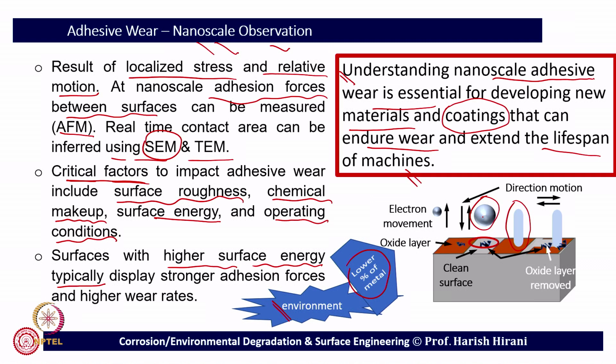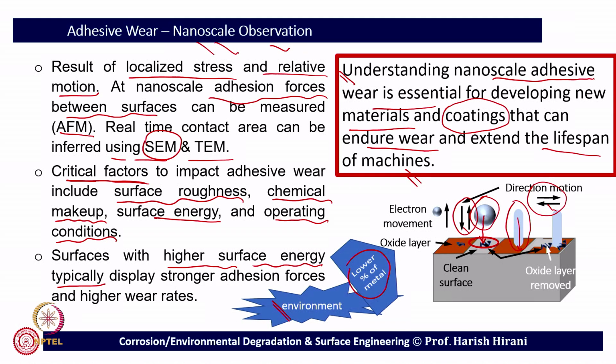Now, if I bring this spherical ball or cylindrical piece in contact with the surface and start rubbing, with relative motion, it can be unidirectional or reciprocating depending on the situation, or the applied load can be fluctuating, that is also possible. So, with relative motion in this horizontal or vertical direction, we can perform a number of experiments.